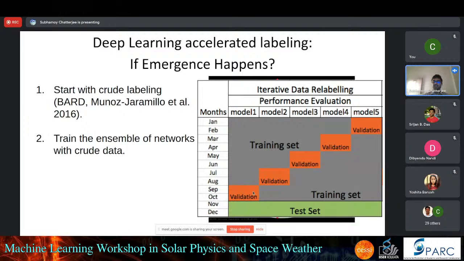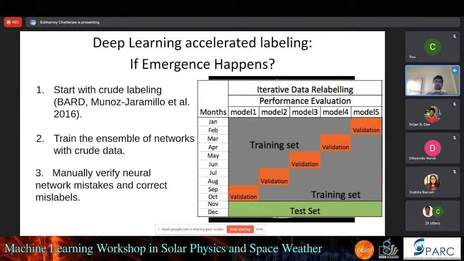So once you train model 1, you look at the validation set for model 1 and see for how many videos the crude labels disagree with the model inference, right? And after that, manual verification is done, and you correct the mislabels. So it can be that the labels were incorrect and the model was correct.